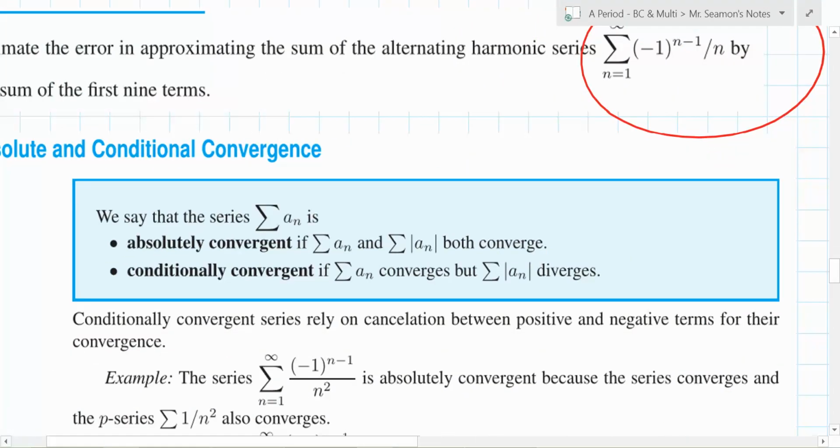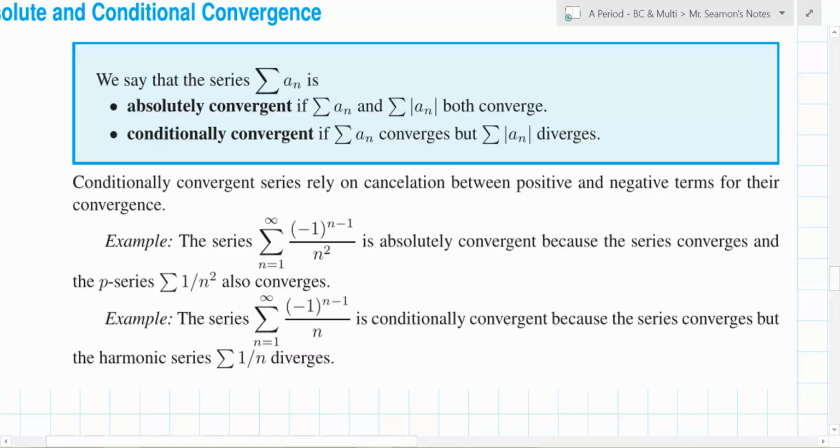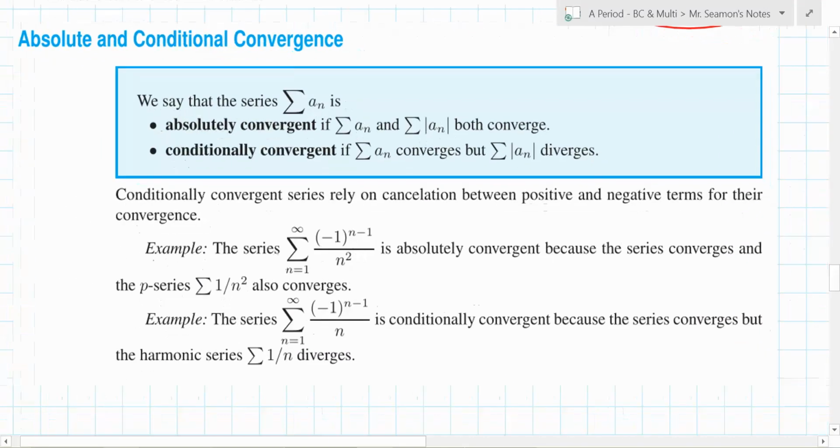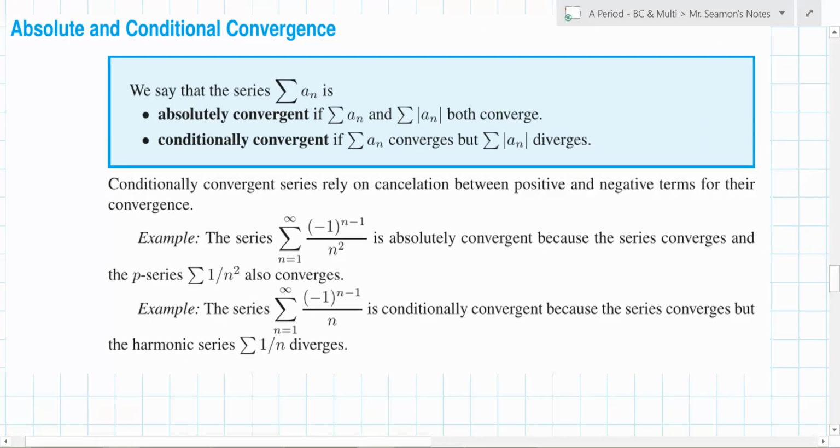Okay. There's only one more piece of new material here. This is just the last piece in 9.4. Remember yesterday, if the absolute value of a series converges, then the series converges, right? But backwards doesn't work. Taking the absolute value can break it. So to keep that straight, the alternating harmonic, does that converge?